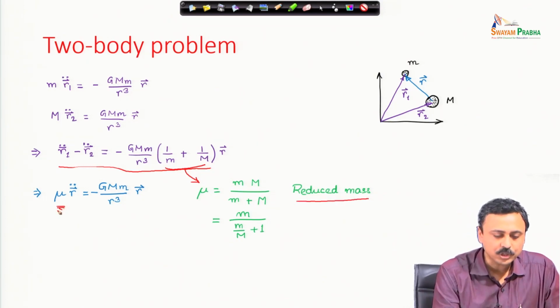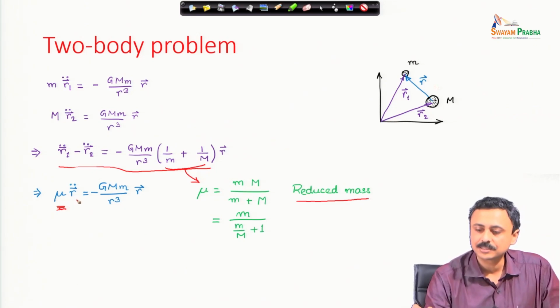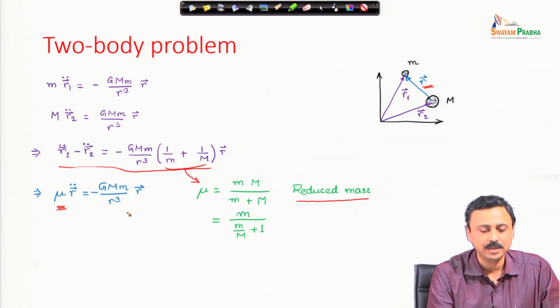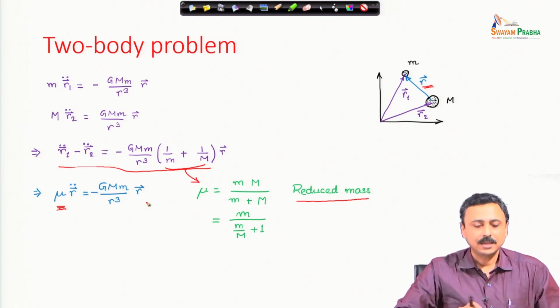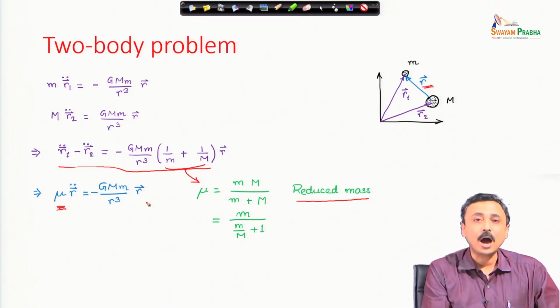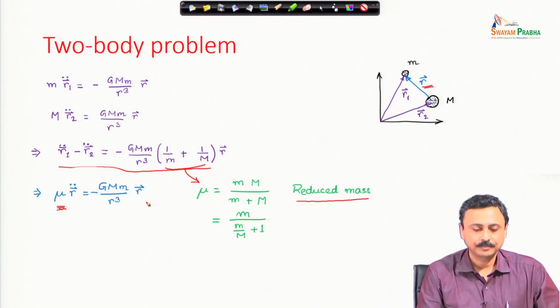Therefore, our equation of motion is now reduced mass times r double dot, this r is this vector, reduced mass times r double dot is minus G M m by r cube into r vector. Now, we have an equation of motion which is in terms of the r vector.